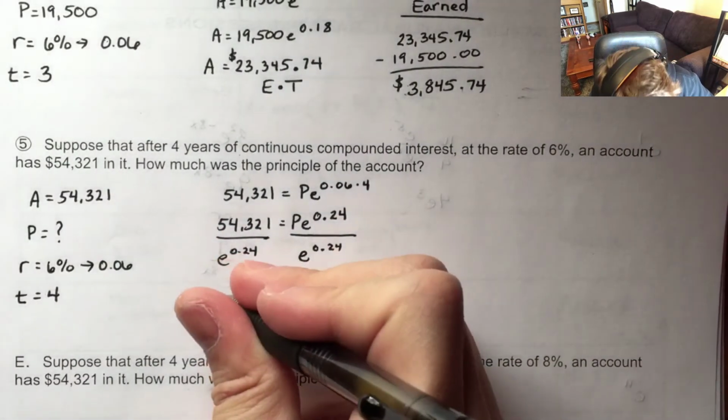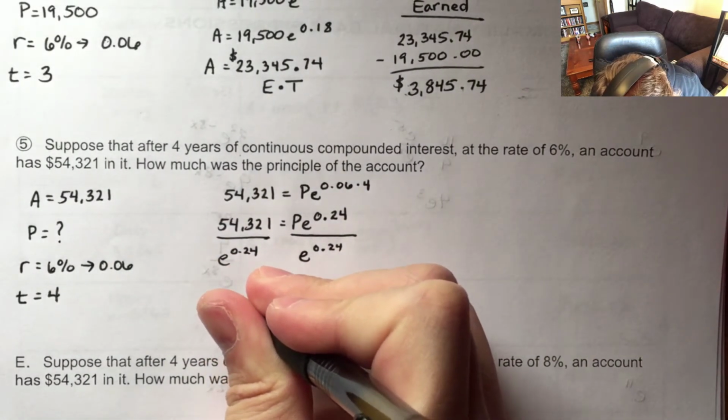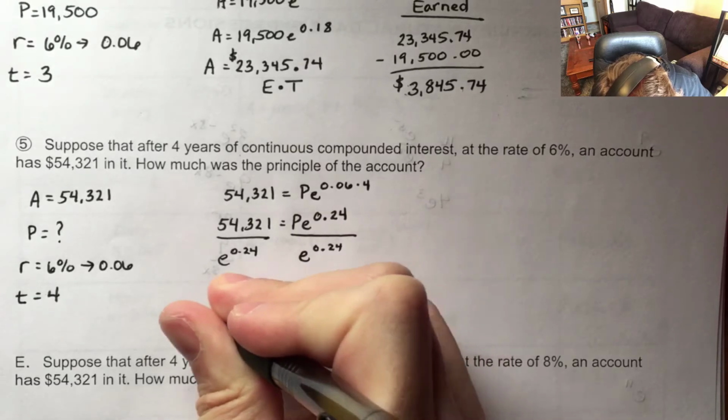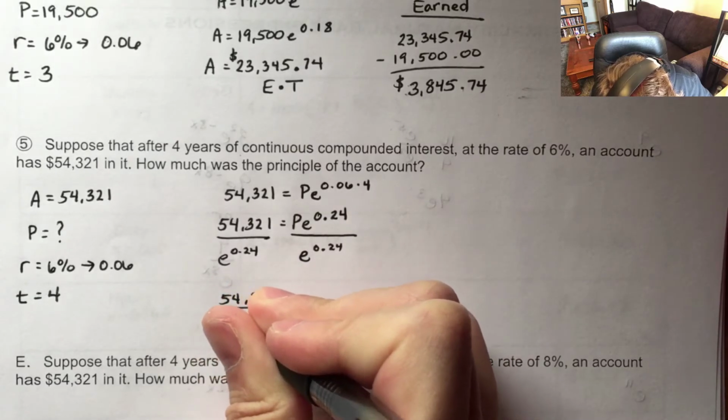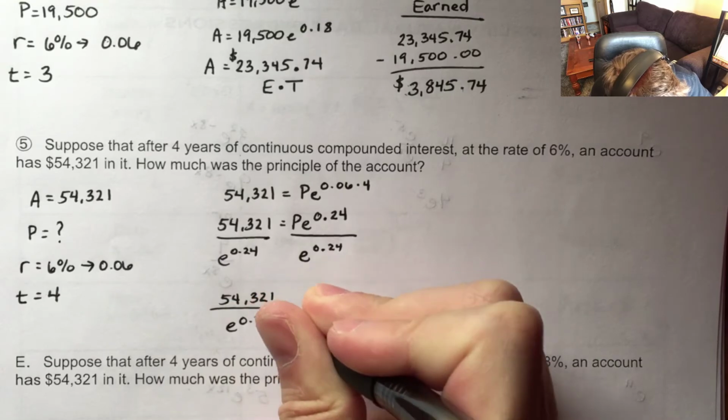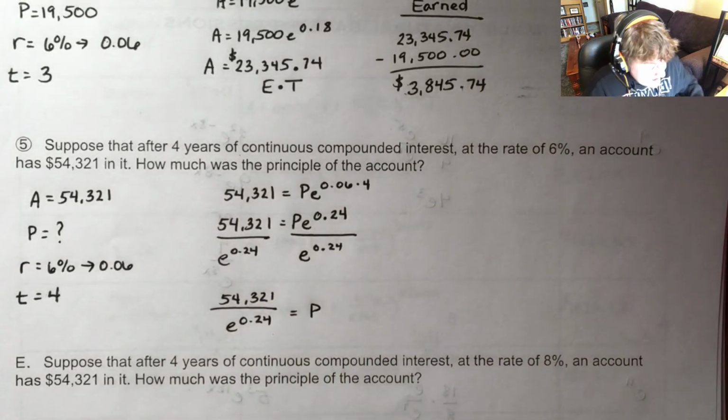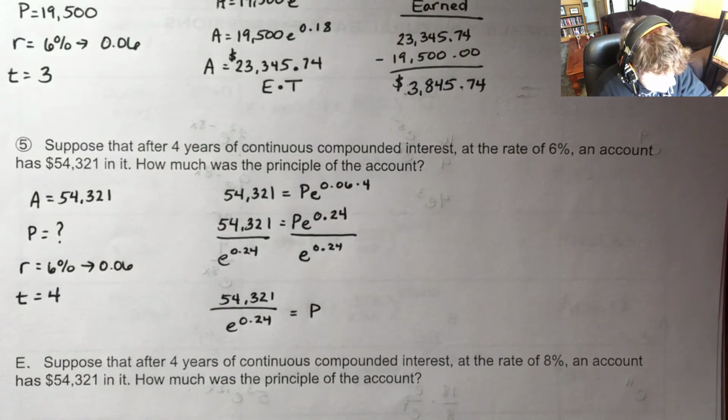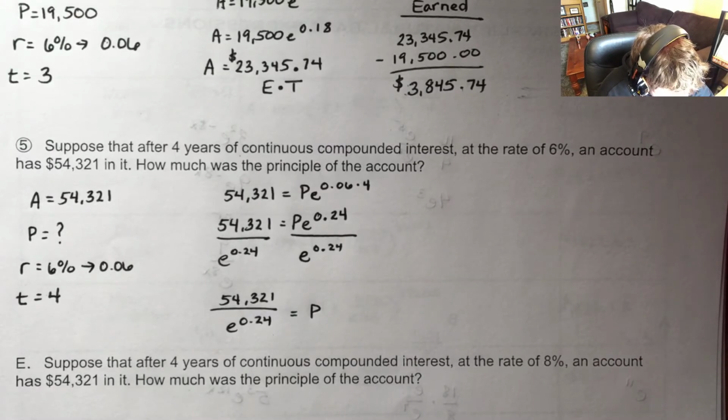So 54,321 divided by E to the 0.24 power is going to be equal to my principal. Let's find out what that principal is.